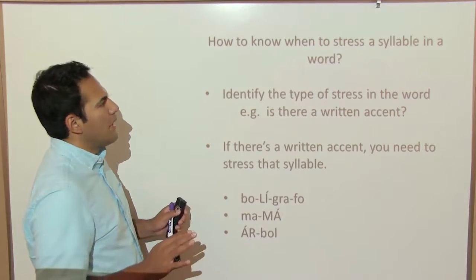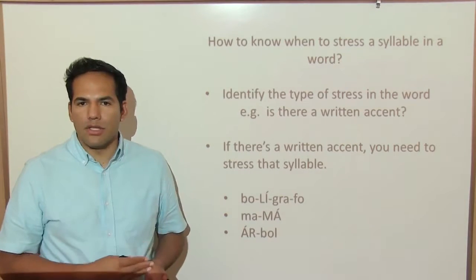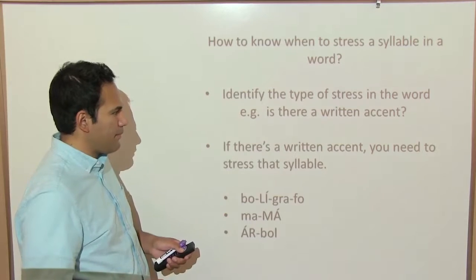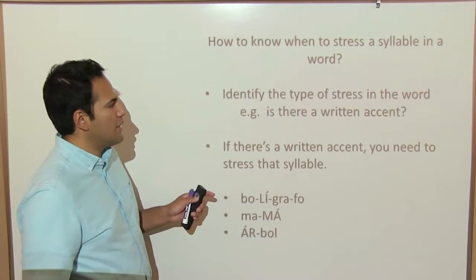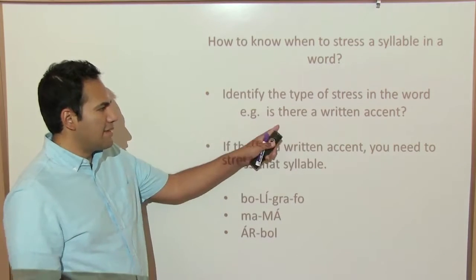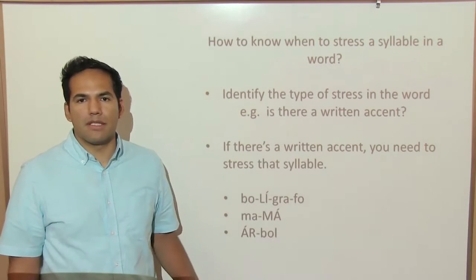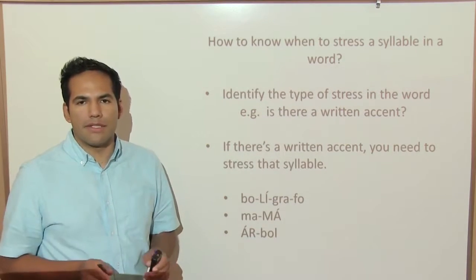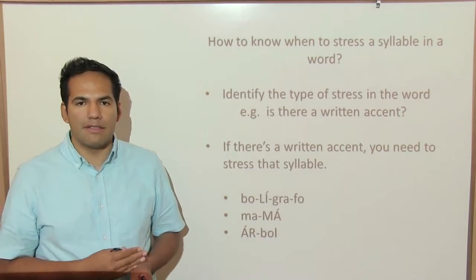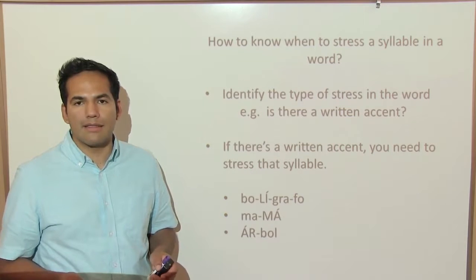So first of all, we need to know what kind of stress we're going to use depending on the word. The first thing we're going to do is identify the type of stress in the word. Is there a written accent? That's the first question you're going to ask whenever you see a word. If there is a written accent, you need to emphasize the syllable where the accent is.